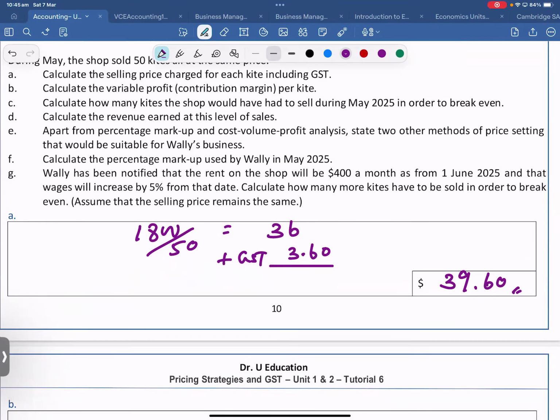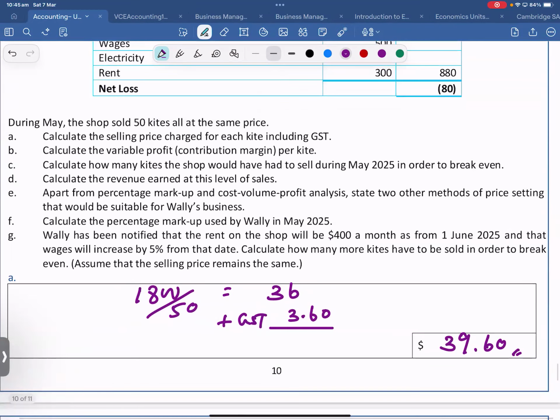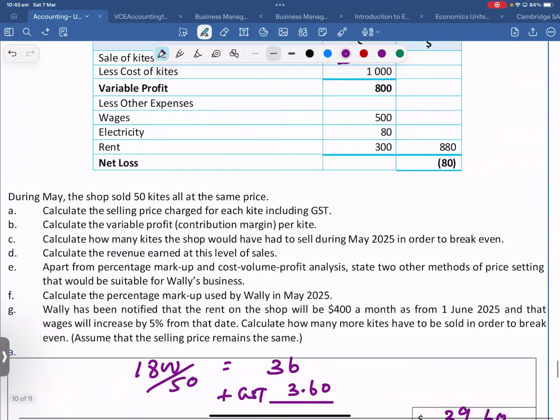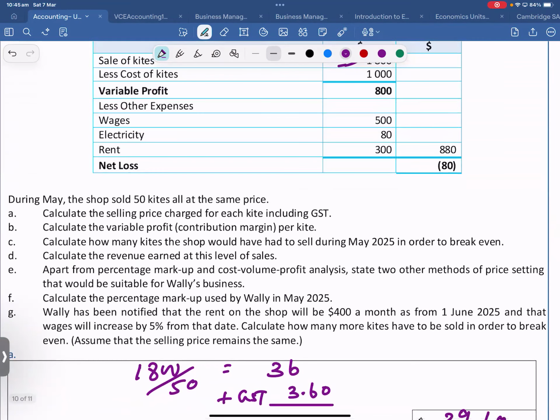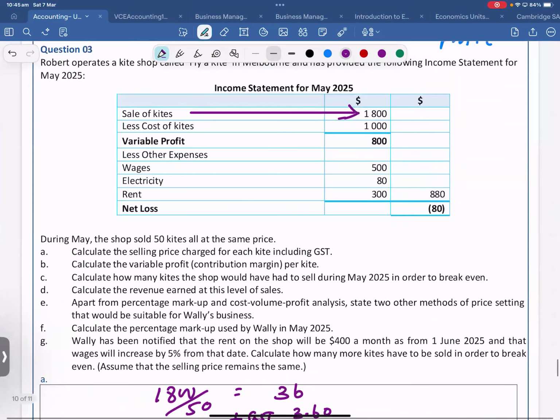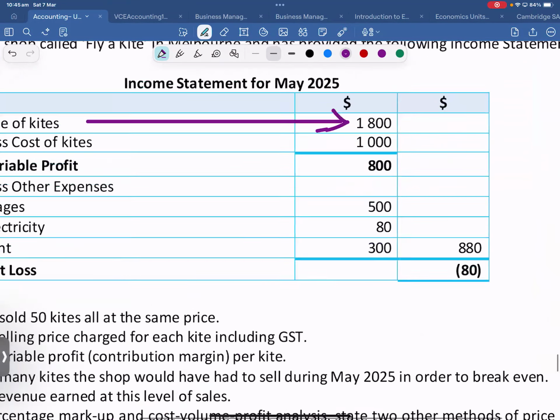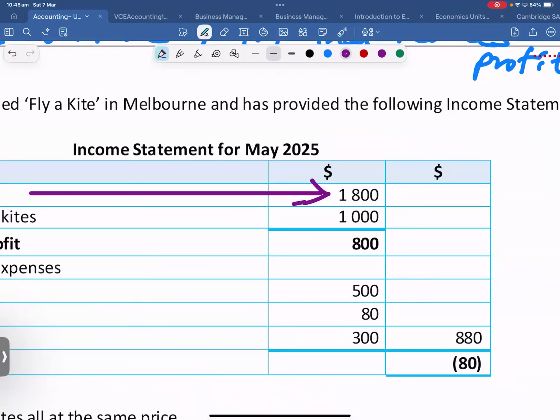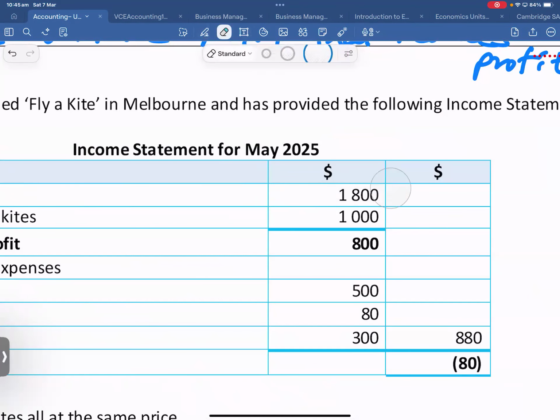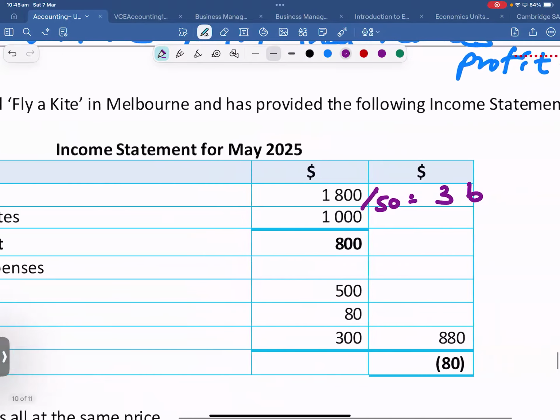Good. Next one, part B. Calculate the variable profit. Variable profit means contribution margin per kite. So it's 800 divided by 50, which is 16. Otherwise we can do it like this as well. We have 1800 divided by 50, which we calculated as 36. Similarly, we can calculate the total variable cost, which is the cost of sales.